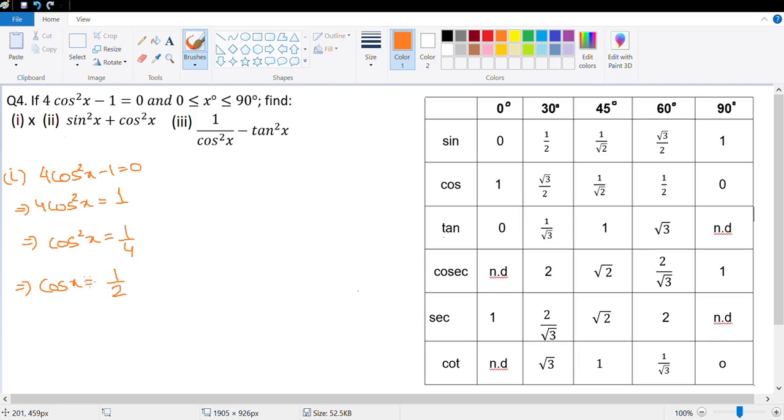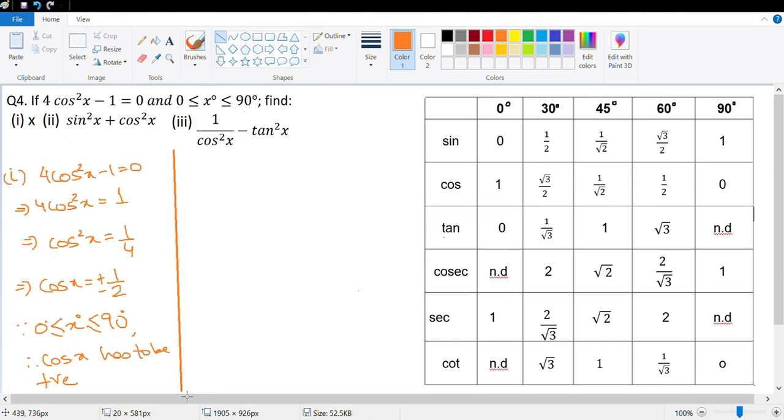We can take plus minus 1 upon 2, but since values are between 0 and 90 degree, the value of cos cannot be negative. So we'll just write that since x lies between 0 and 90, cos x has to be positive, therefore cos x is equal to only plus half.